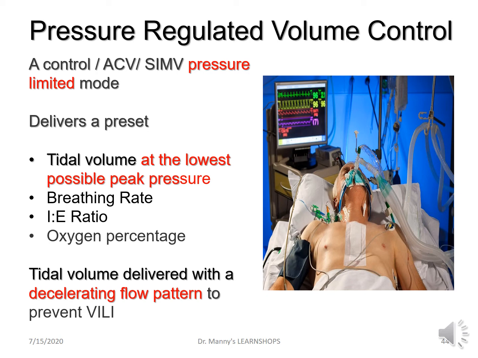The breathing rate, I:E ratio, and oxygen percentage are all set, but the tidal volume will try to be delivered by the machine with a decelerating flow pattern to decrease the amount of pressure, which means as it delivers it slower, it allows the lungs and the airways to inflate and expand, possibly at a lower pressure. And the objective is to prevent ventilator-induced lung injury.